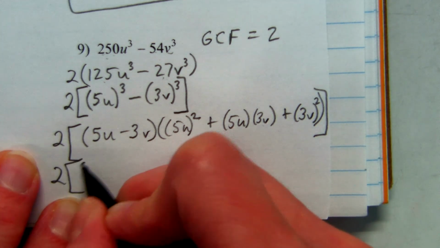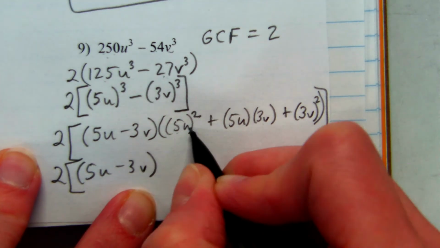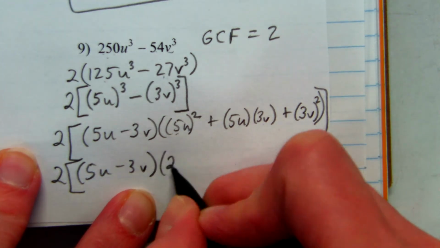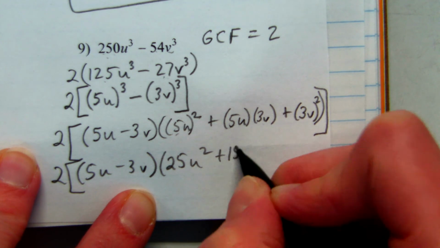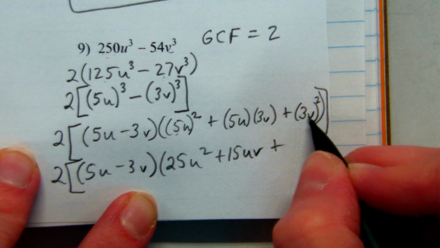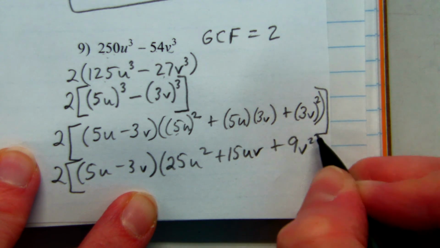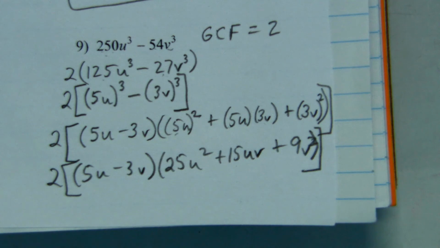Oh my goodness, we're almost done. All right, so 5u times 5u is 25u squared. 5u times 3v is just 15uv, keep it alphabetical. And 3v times 3v is 9v squared. Just close the parentheses, put on the bracket, and that one is done.